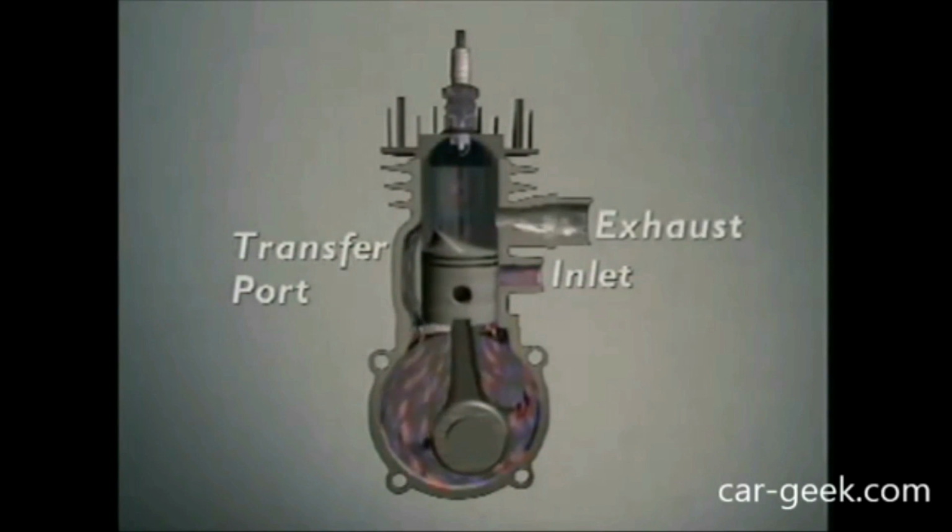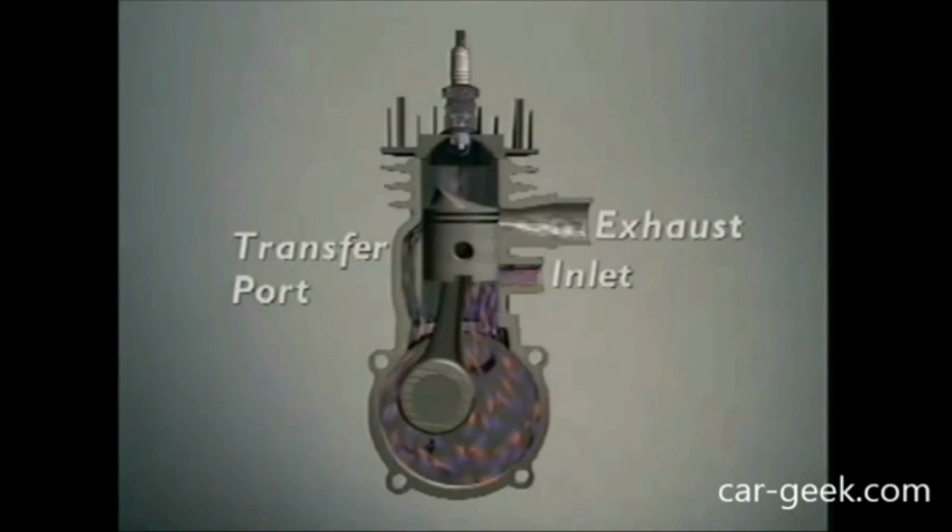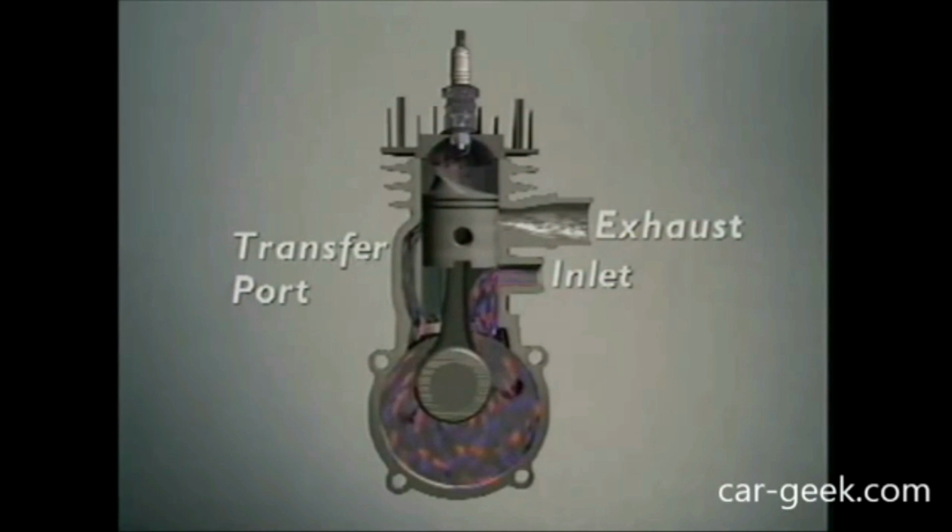This releases the pressure from the crankcase into the cylinder, forcing the rest of the exhaust gases out through the exhaust port. The piston then travels upwards, blocking the intake and exhaust port, and compressing the air-fuel mixture above the piston. Also, while the piston travels upwards, a vacuum is created in the crankcase for when the primary intake port is exposed to draw in a mixture of air and fuel from the carburetor into the crankcase.